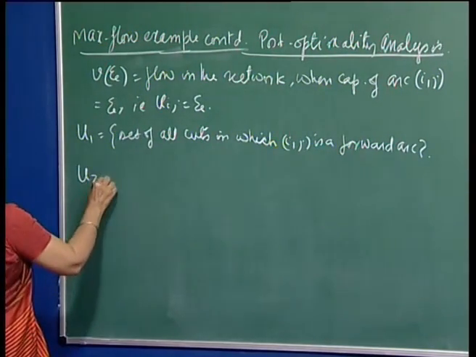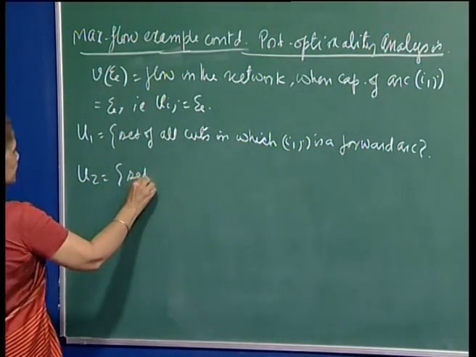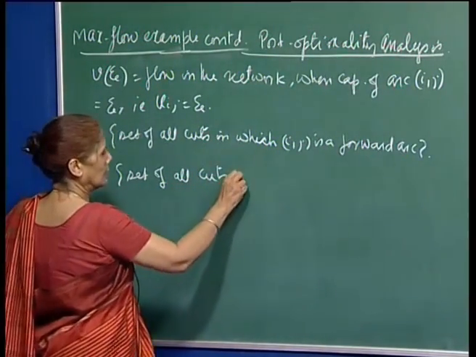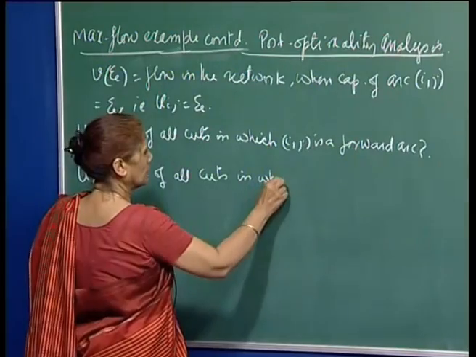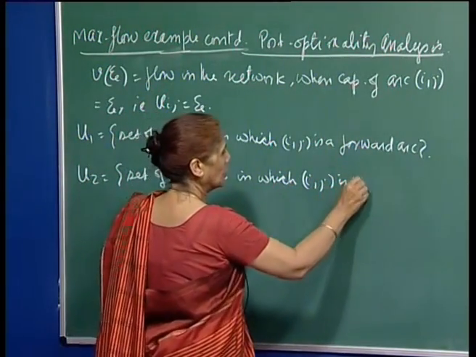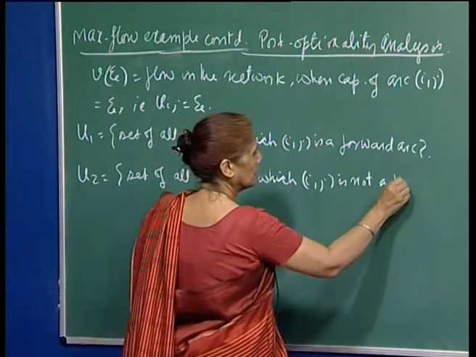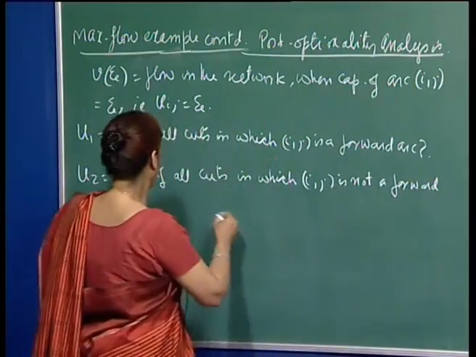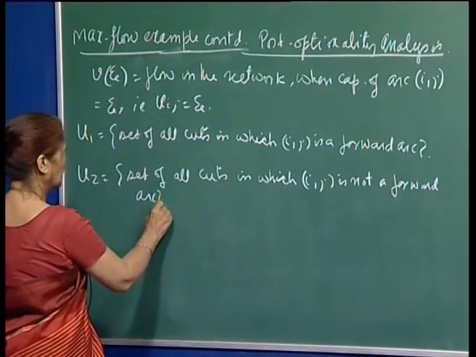And let us define U2 as the set of all cuts in which ij is not a forward arc. Okay.